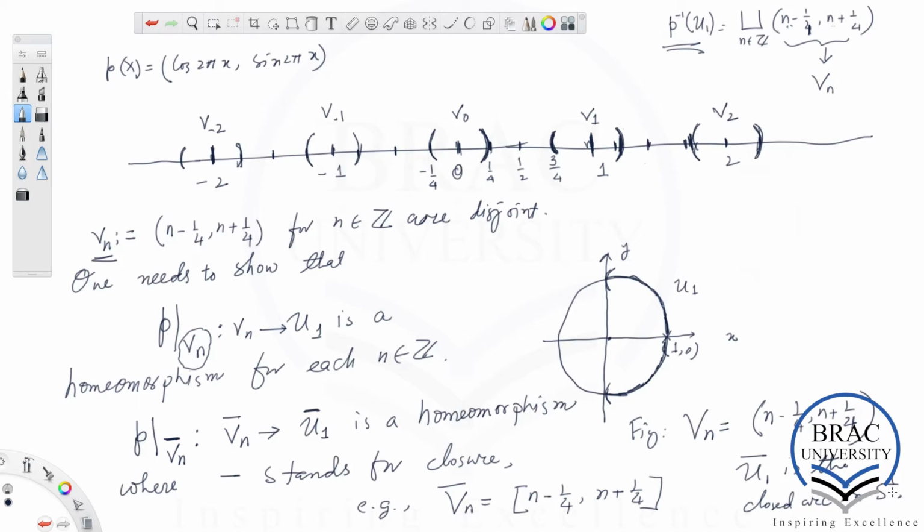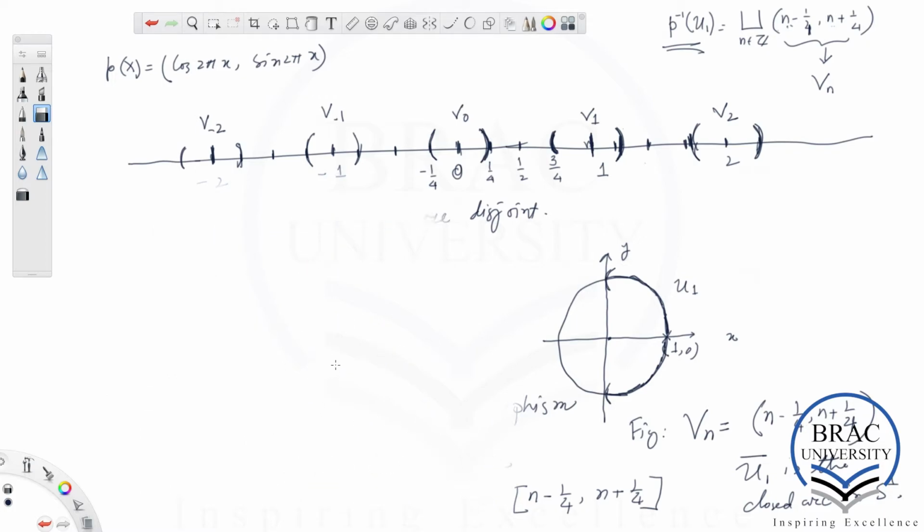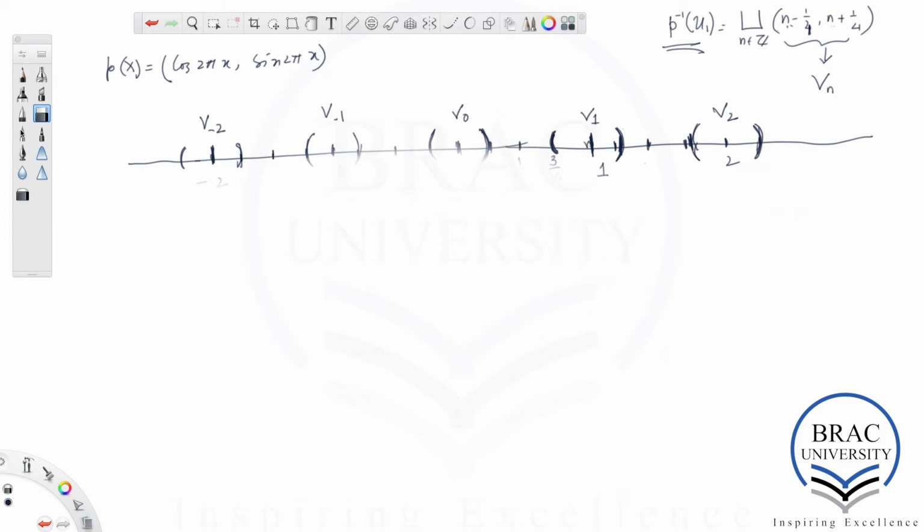Okay, so let's see how we can do that. Let me erase things here. I want to first show that this map that we are dealing with now, restricted to the closure of Vn, from the closure of Vn to the closure of U1, is injective.